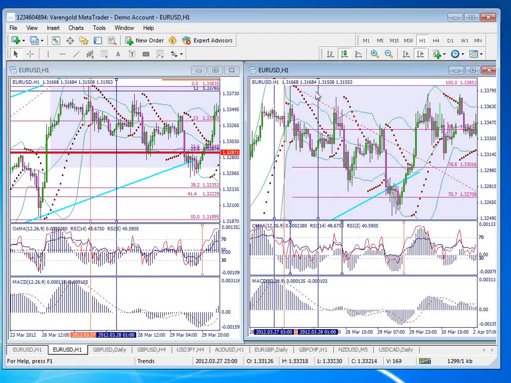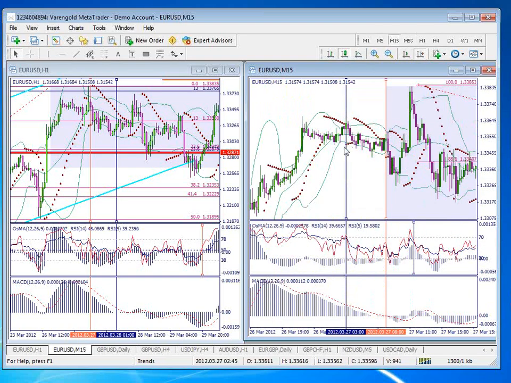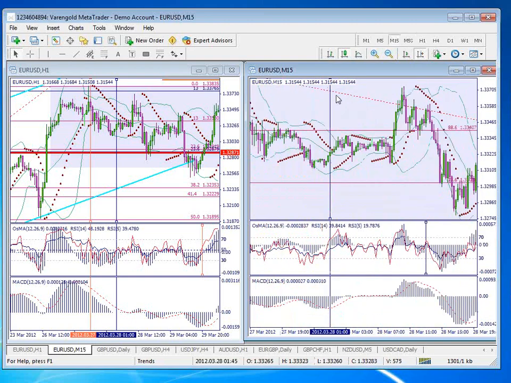So here I have the signal on 1 hour for a buy. I have the cross of RSI and the smaller bars from the oscillator of moving average. On 15 minutes, I have the signal for a buy a little bit earlier. I have the confirmation. I will go into one trade here a little bit earlier, where I wait for the signal on 1 hour, and I will go into one trade.